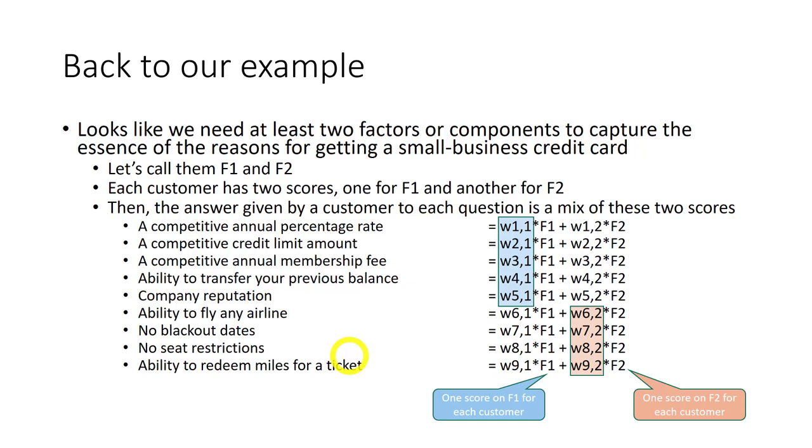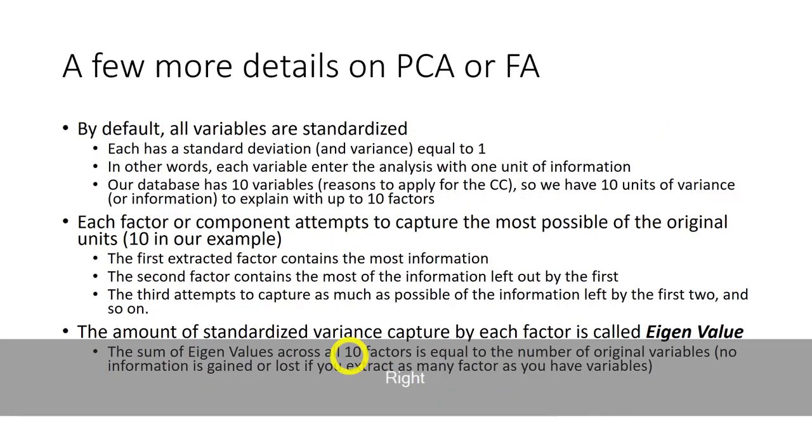And because those variables are correlated, what we expect is that certain variables would have heavier weight on one factor, while other variables would have a heavier weight on another factor. Mathematically, what principal component analysis does is estimate those weights and also obtain those factor scores, F1 and F2, for each customer in this case.